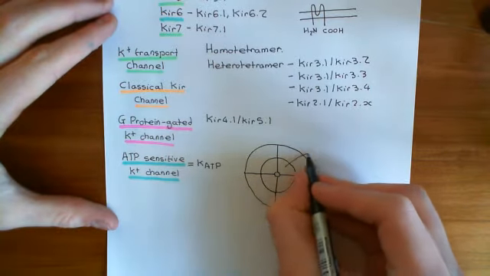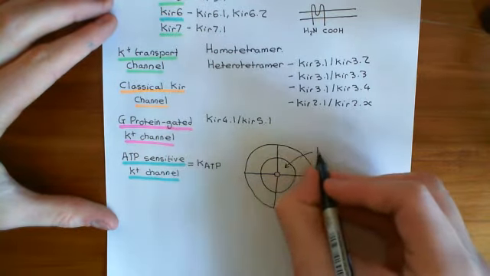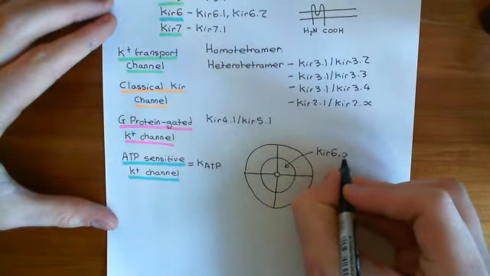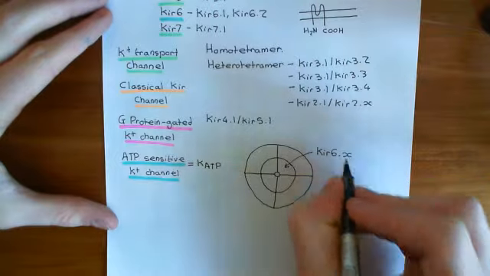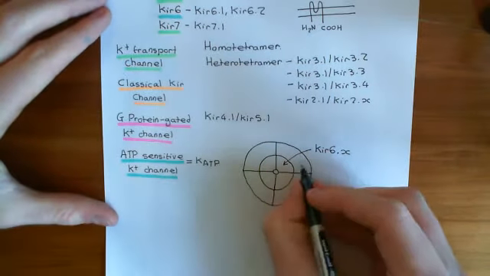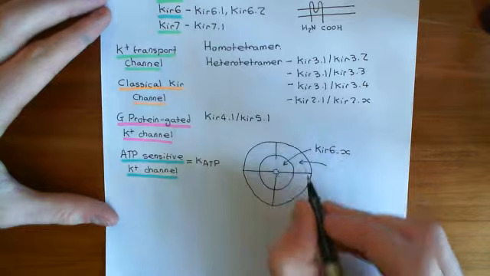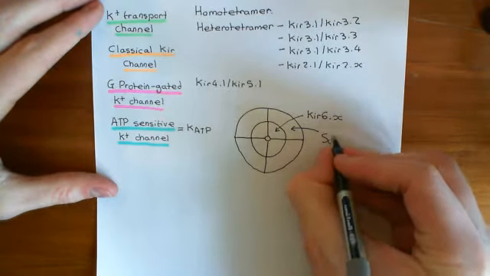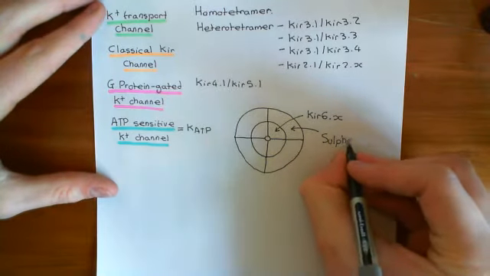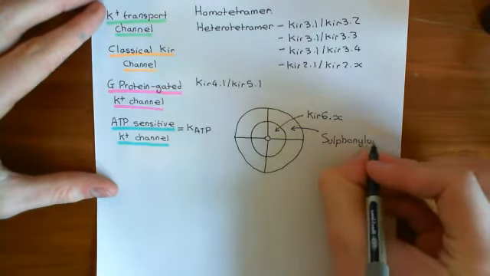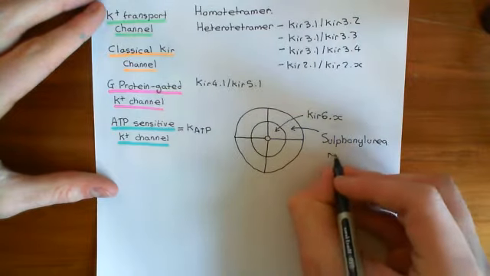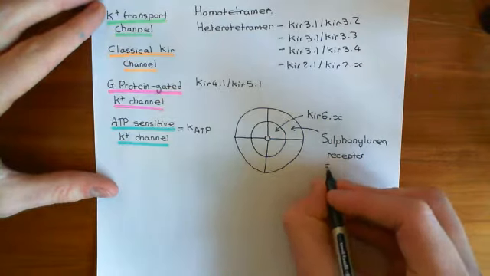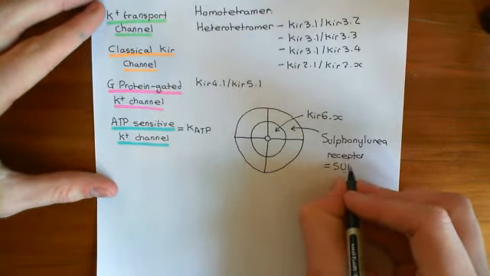These are inward rectifying potassium channel subunits that are in family 6, so I'll put 6.X, so it's either 6.1 or 6.2, and then bound to this subunit is what is known as a sulfonylurea receptor. For short, sulfonylurea receptors are abbreviated to SURs.